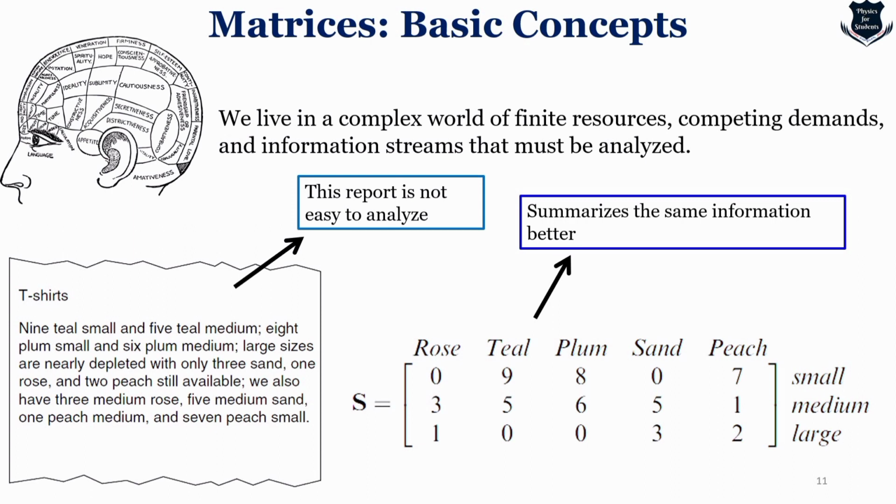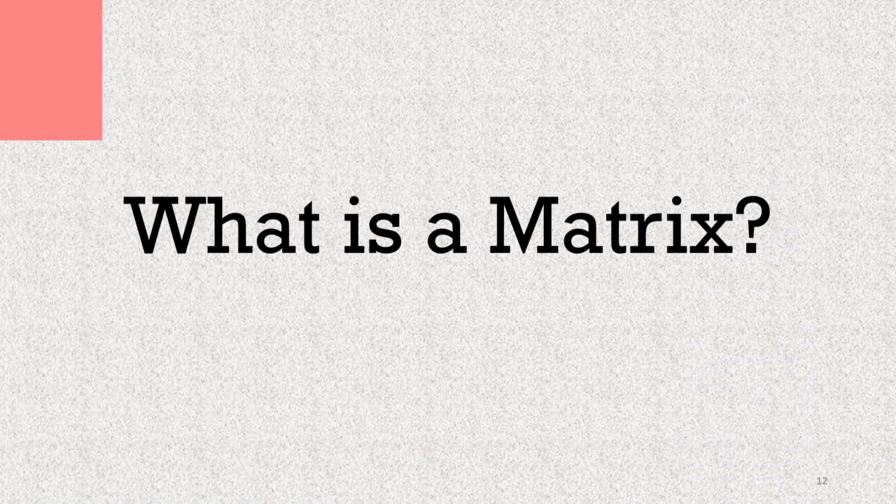Representing the t-shirts in this fashion becomes easier. You can read the entire paragraph to determine the number of sand-colored small t-shirts in current stock. Here, in a rectangular array of data, you will find it easier to find the t-shirts along with their sizes.